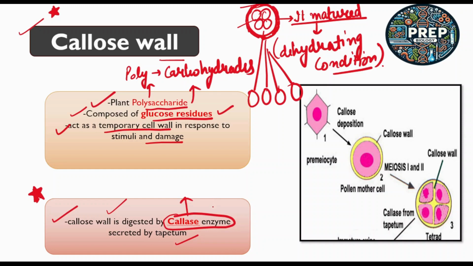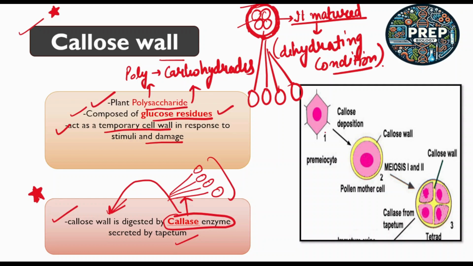I hope this point is clear to you all. The tapetum layer, which is closest to the microsporangia, secretes the callase enzyme. Callase enzyme then digests the callose wall so that the microspores are separate from each other.